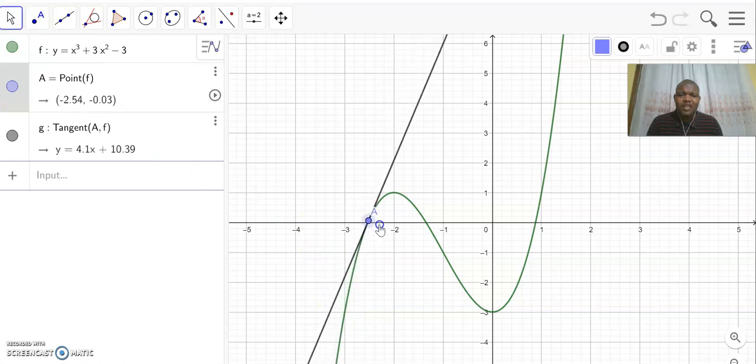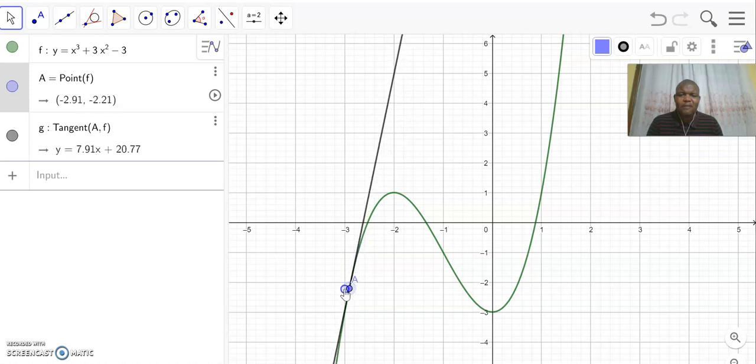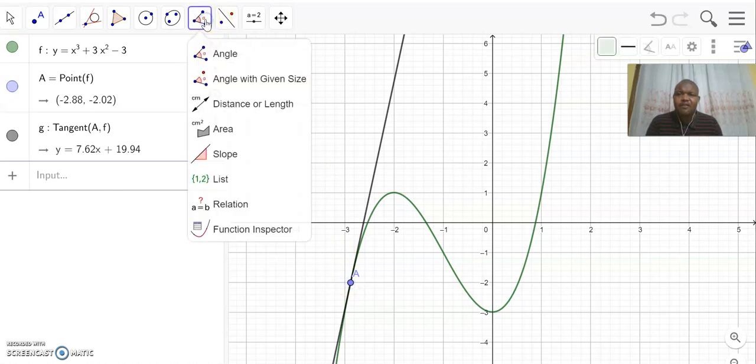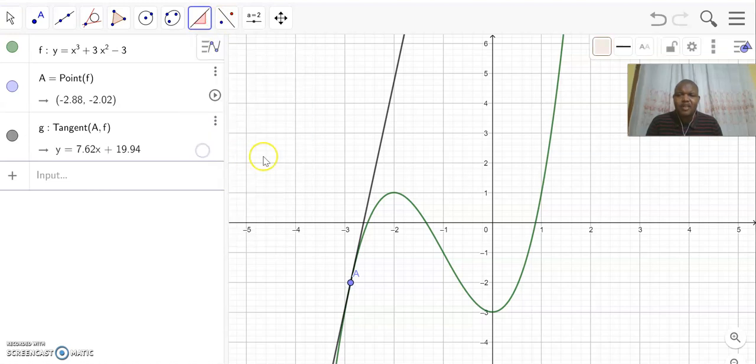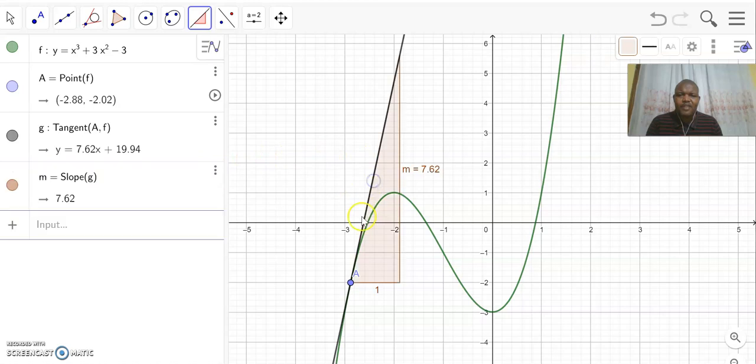But you see, even if the tangent moves round, we cannot do much unless we define the gradient at each particular point on the curve. Therefore, I bring in the gradient of that particular tangent. So what is the gradient of this tangent at point A?